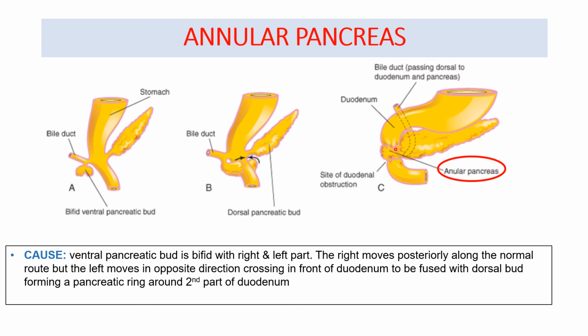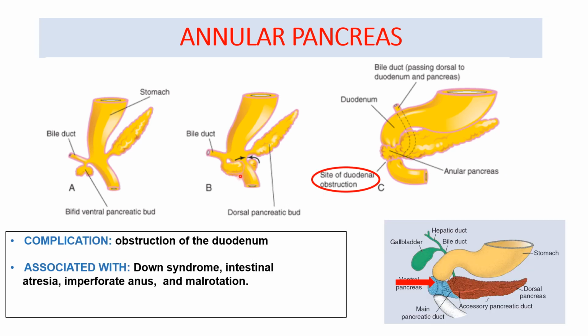So you should be able to describe the pathogenesis of annular pancreas by the abnormal movement of the bifid ventral pancreatic bud in both anterior and posterior directions to the duodenum. Because the portions of the bifid ventral pancreatic bud grow in opposite directions and encircle the duodenum, the complication would be obstruction of the duodenum.